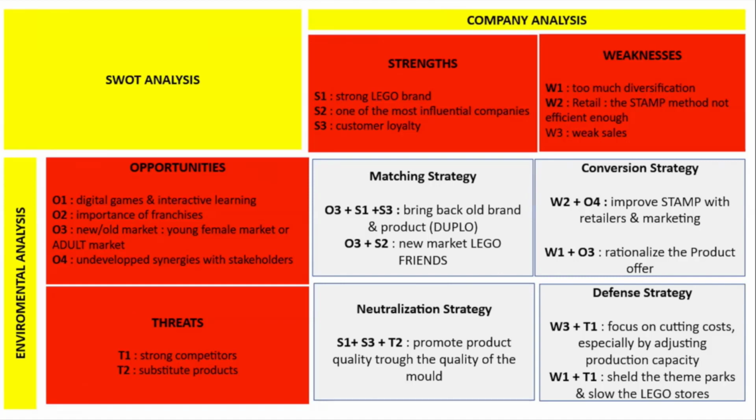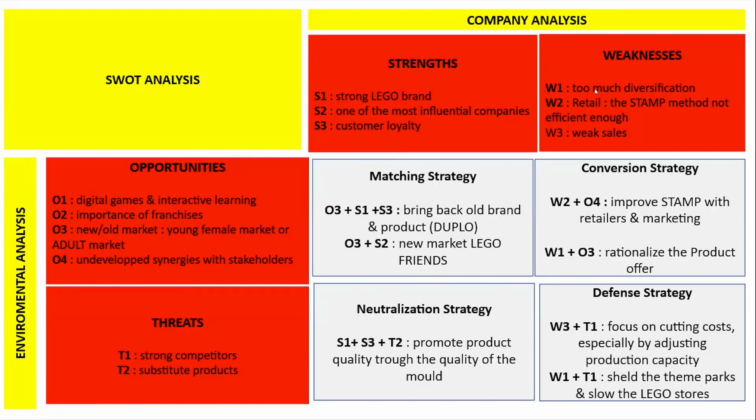So if we try cross-referencing strengths, weaknesses, opportunities, and threats, we could see different strategies appearing. For example, a matching strategy. If we cross-reference O3, S1, and S3, they could bring back an old brand and product, for example Duplo. If we cross O3 and S2, they could reach a new market with Lego Friends.